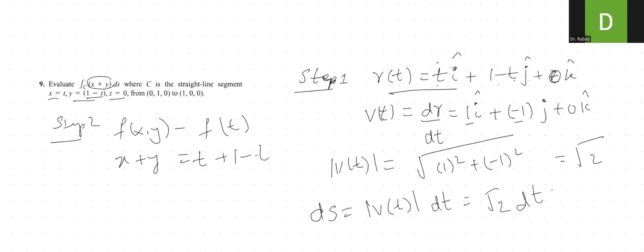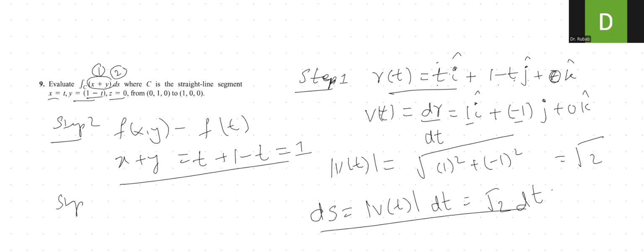So I have to transform this and ds, right? ds is this and x plus y is this. Now the third step is the limit of t. Since t equals x, x varies from 0 to 1 in this question, so t varies from 0 to 1. So these are three steps.